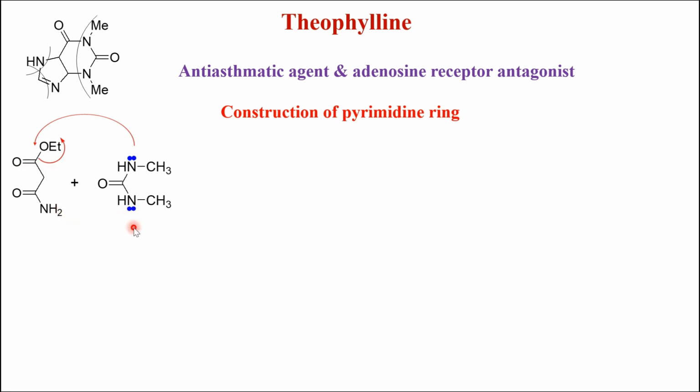The lone pair of electrons on the nitrogen attacks the other carbonyl carbon, and these pi electrons move onto the oxygen and it becomes O minus, and that combines with H plus from the reaction medium, and this ethoxy group leaves as ethanol, and I will get the corresponding cyclized derivative.